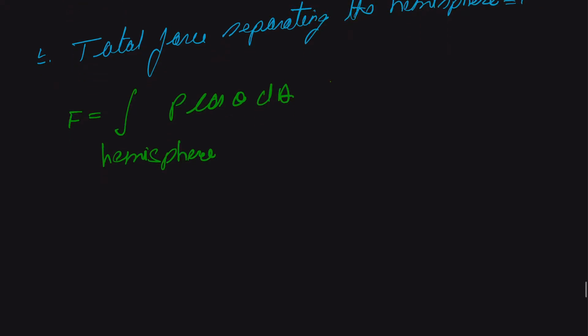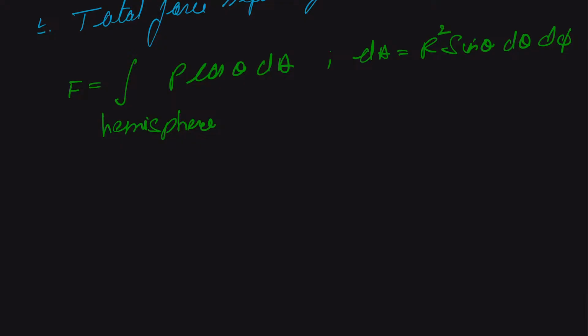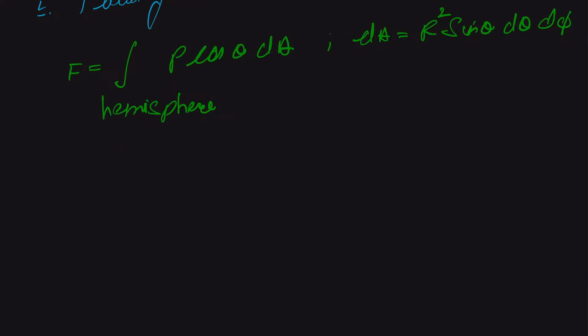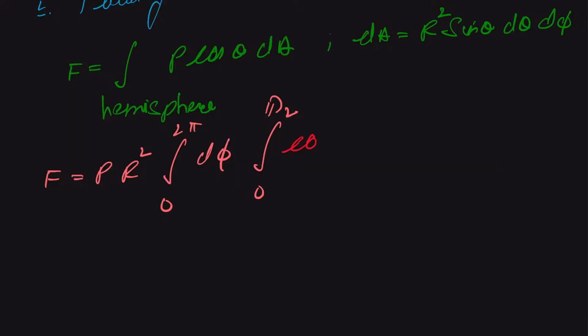And for a sphere we know that dA is equal to r square sine theta d theta d phi. And we can substitute it. So we get force F equal to P r square, with 0 to 2 pi as the limits of phi, and 0 to pi by 2 as the limits of theta.